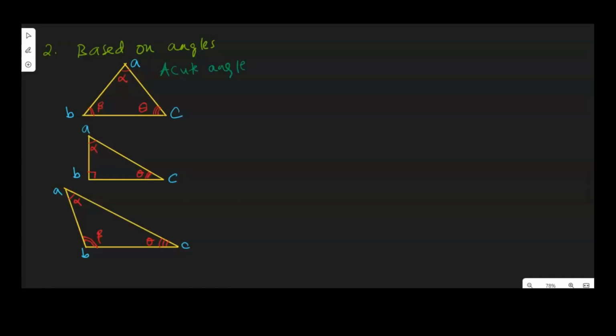The second type of triangle based on angle is the right angle triangle. And the third one is the obtuse angle triangle.